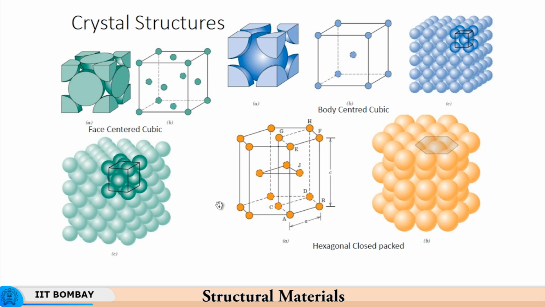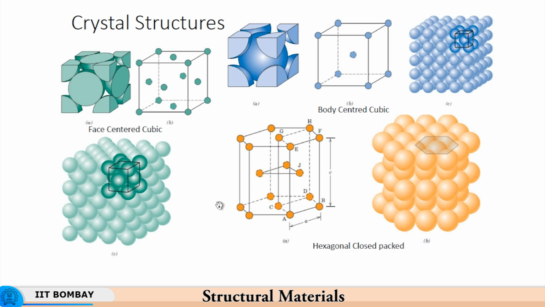So 6 planes are present, and at each plane you have a centrally located atom. That is shown as a cut view here. So you have 4 atoms in this plane, and then at the center of this plane you have one single atom which belongs to this plane.